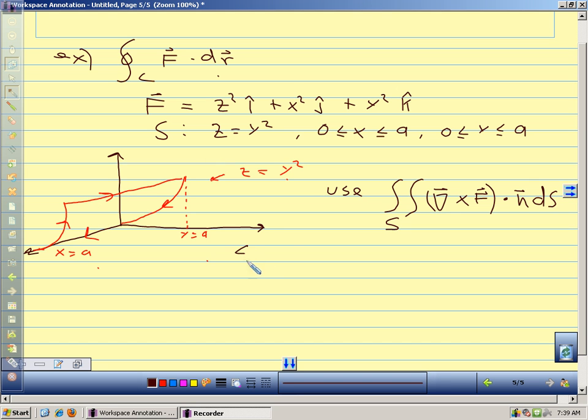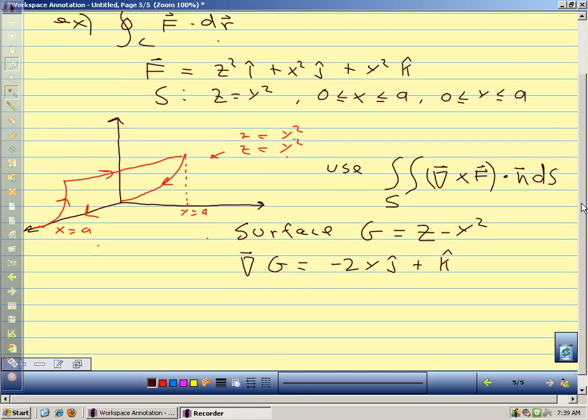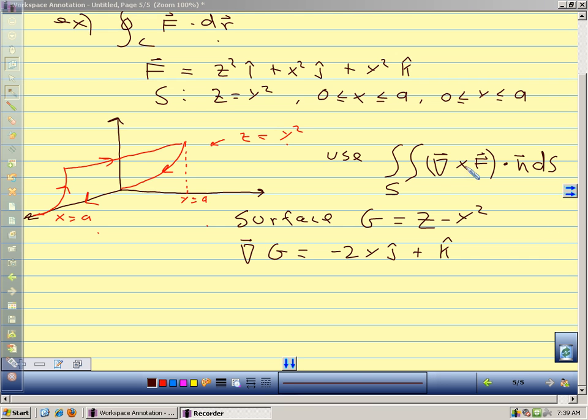So for the surface, g is going to be z minus y squared. And del g, to get our normal vector, is minus 2yj plus k. And now we need to calculate our curl. So we need our curl for our field, so del cross f.